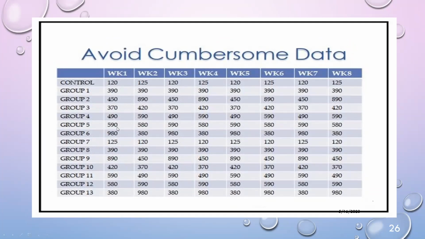For instance, look at these groups now. We have 1 to 13 groups. Now imagine if you have 1 to 200 groups. Do you put up a slide of 1 to 200 groups? It's going to be a lot of slides.